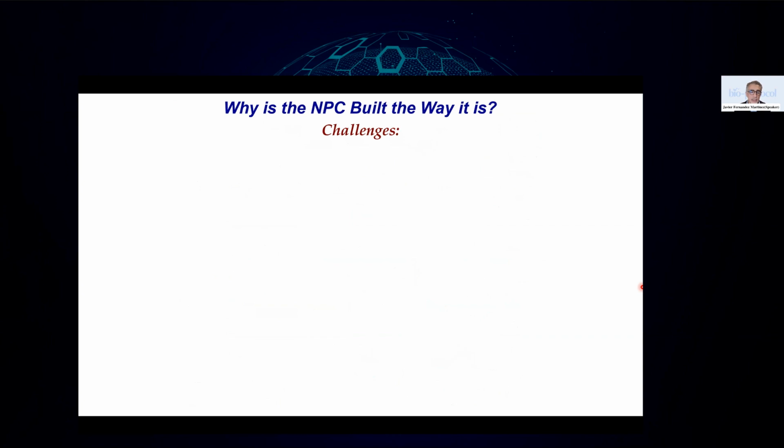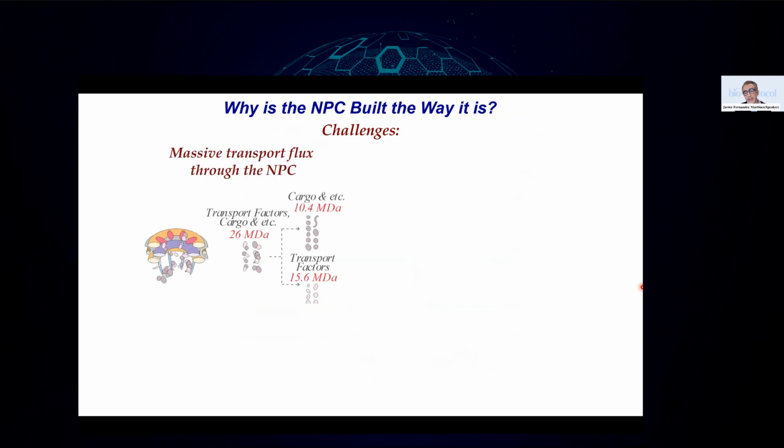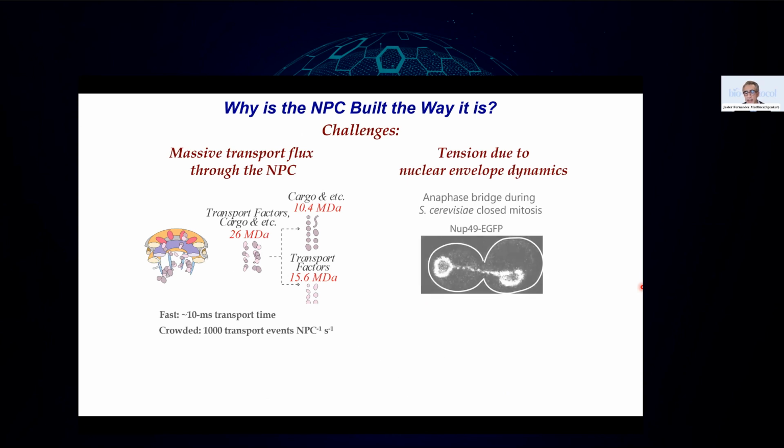And those challenges are mainly two. One is the massive transfer flux that goes through all these NPCs at all times, as I showed you before, is really big and actually is all the time also regulated. And the other one is the tensions due to the nuclear envelope dynamics.